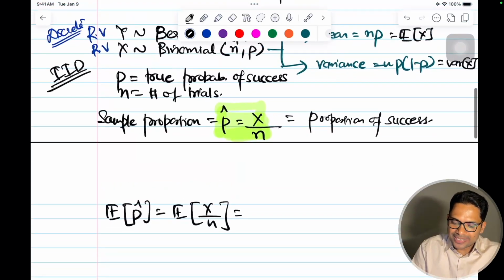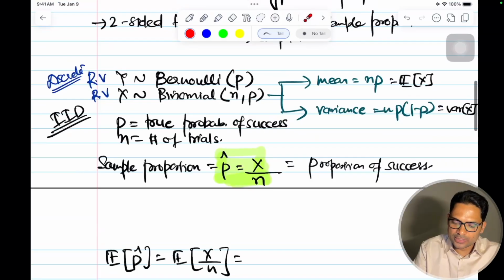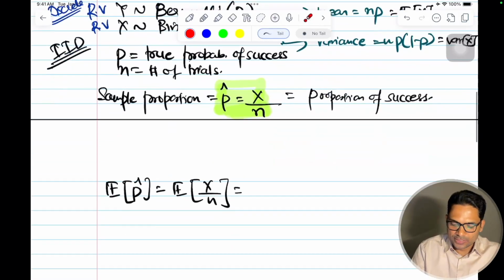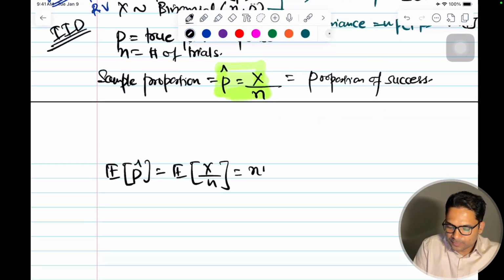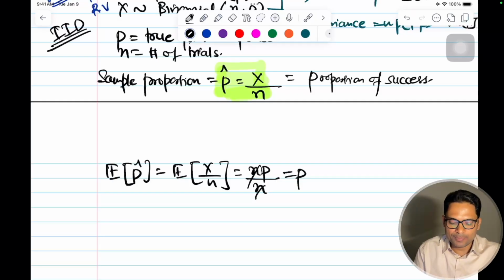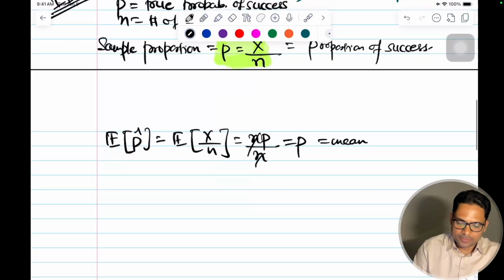Expected value of x we know, because this comes from binomial. So this is np by n. So this n gets cancelled. So the expected value will be p. This is your expected value or mean, equal to p. Same. This has become this.